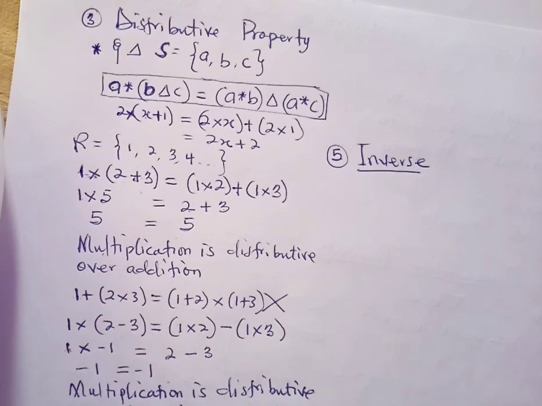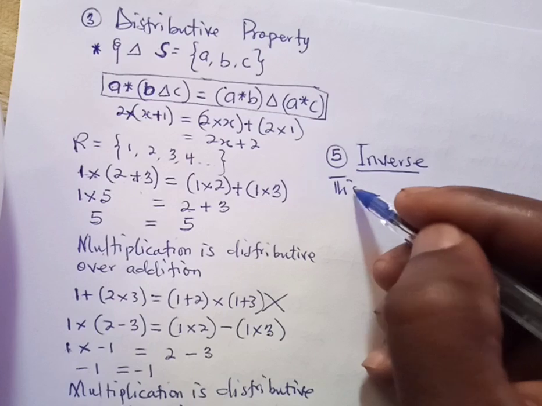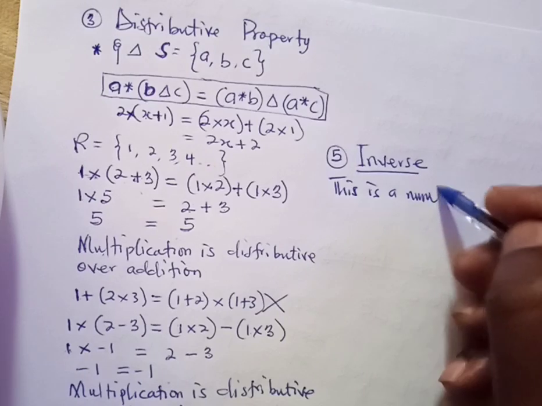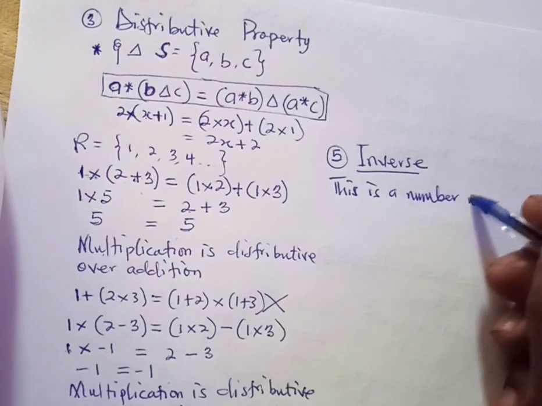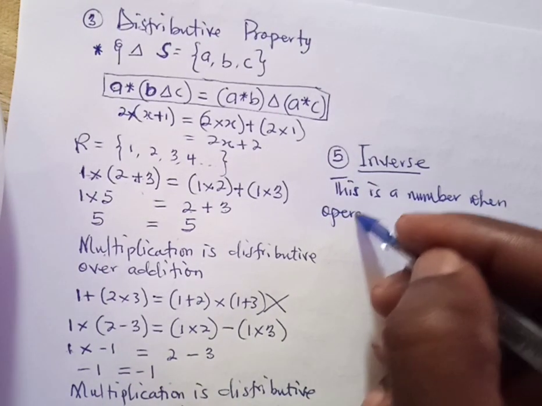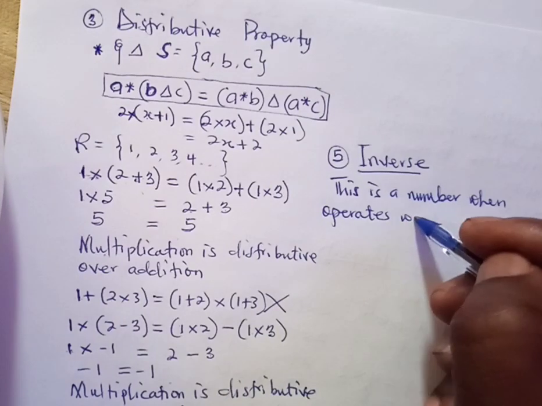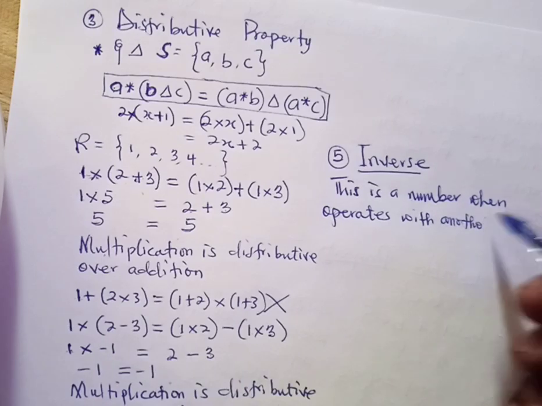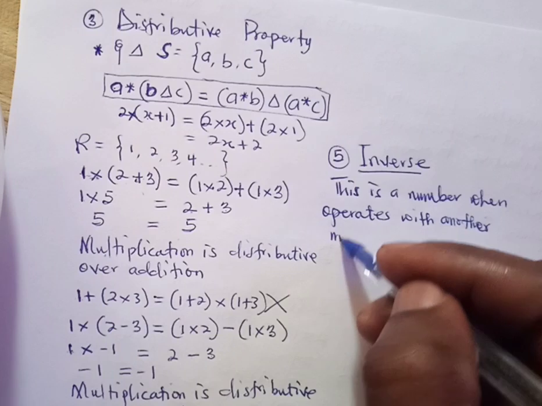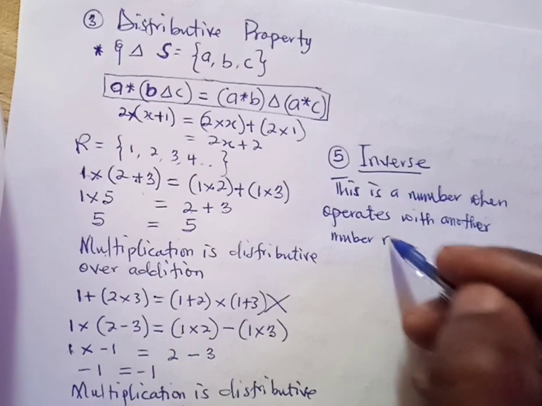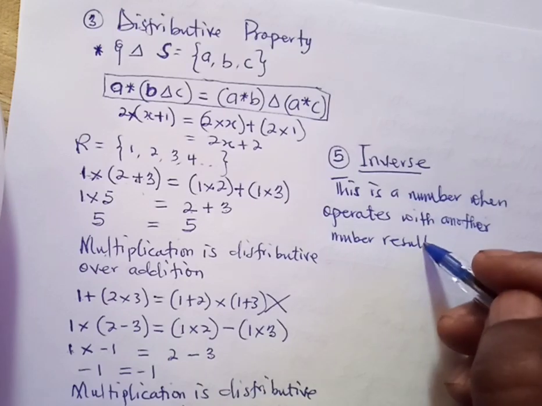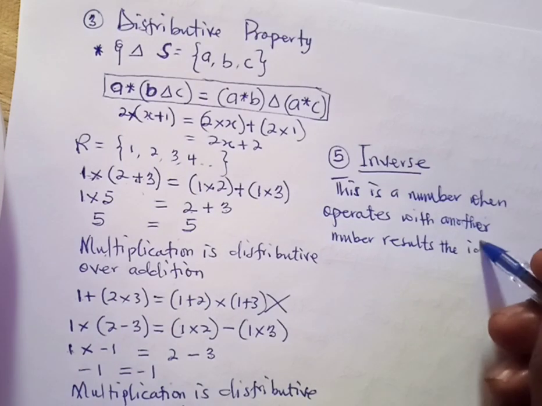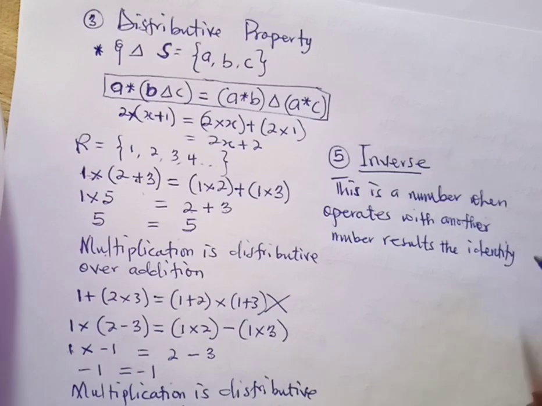We are saying that when this is a number, and it operates with another number, it results in the identity. Good. So that is inverse.